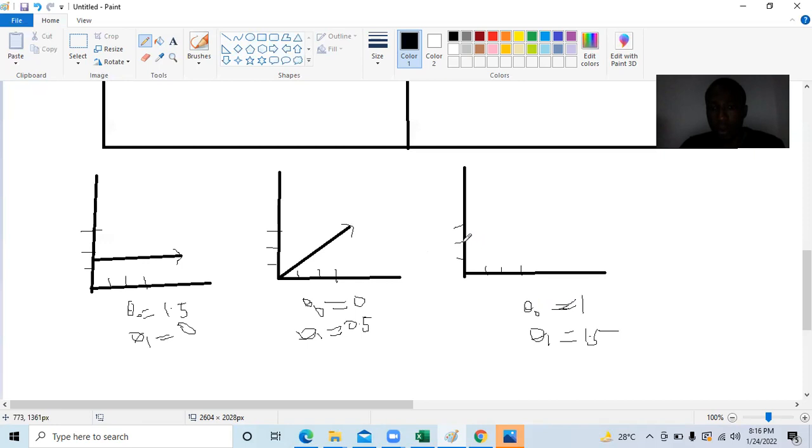Theta 0 starts from 1 here, while the other starts from 0 here. We're going to have something steeper than this, since this was 0.5, it should be steeper than this. And so we're going to have a graph that looks like this.